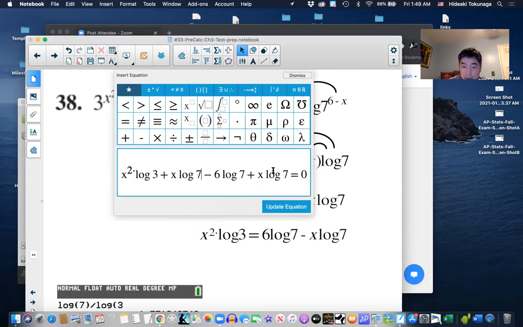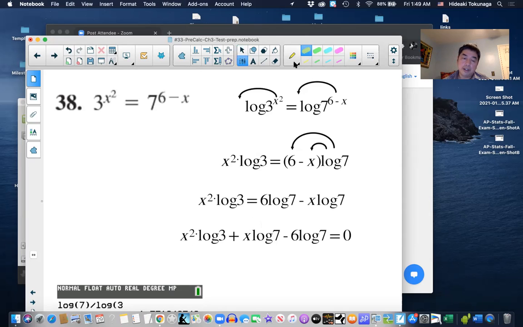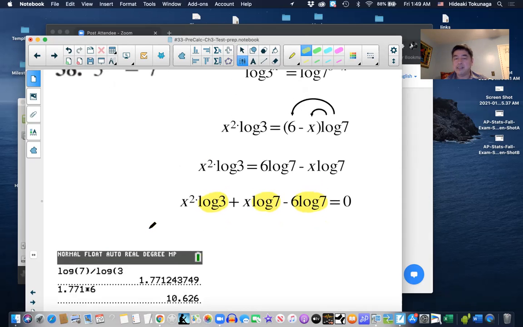I'll tell you the reason why. Okay, this is equivalent to this equation. Now you run x squared, and this is a coefficient. This is also a coefficient. This is the constant. Yeah, so you can treat them as A, B, C, and you run the quadratic equation. I did a different way.